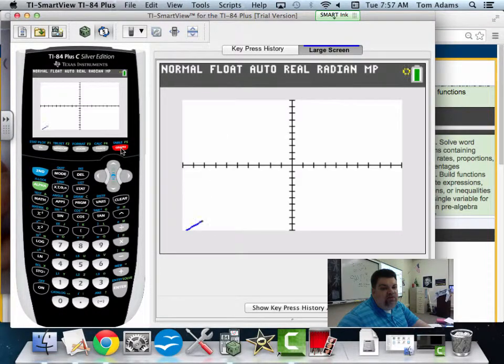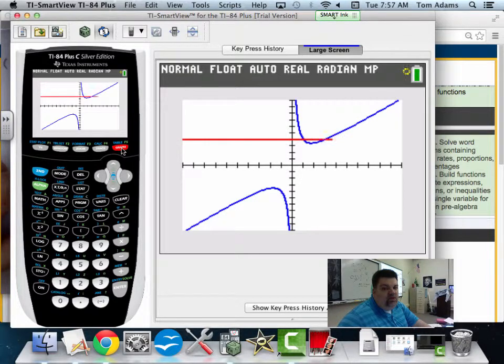When I graph both of those, I'm looking for where those two intersect. Where do those two intersect? When x equals 1 and x equals 3. That's no accident. You like that? That was for you. Okay? Any questions? Okay, good.